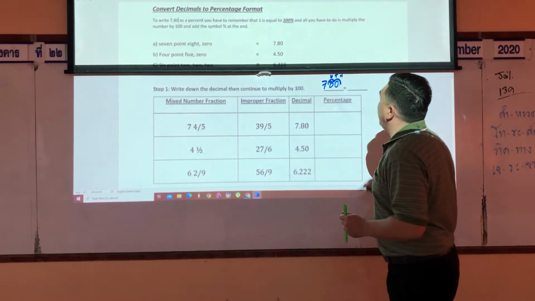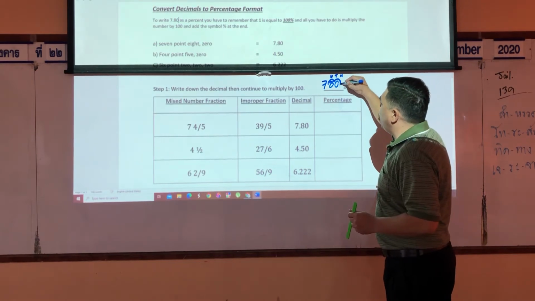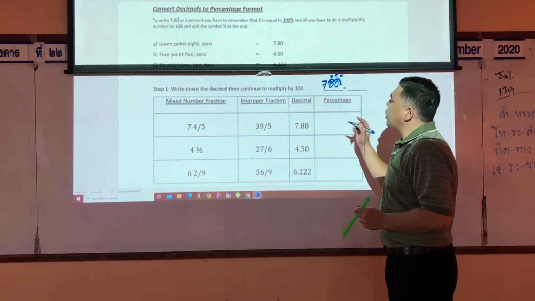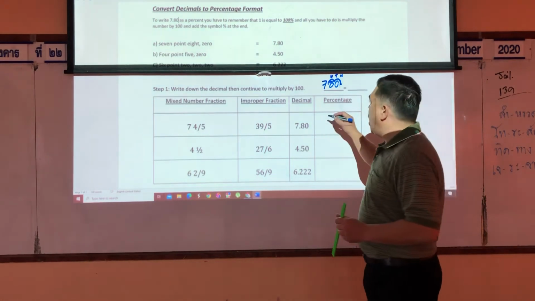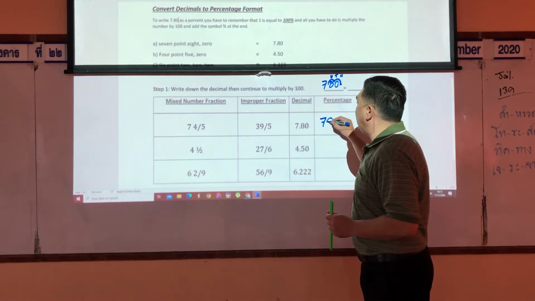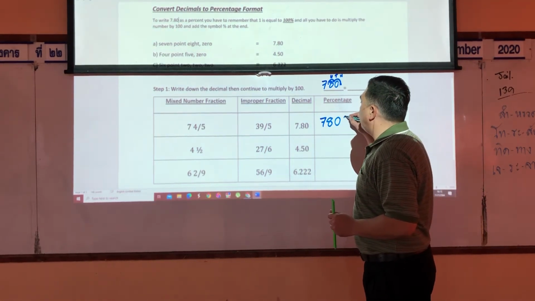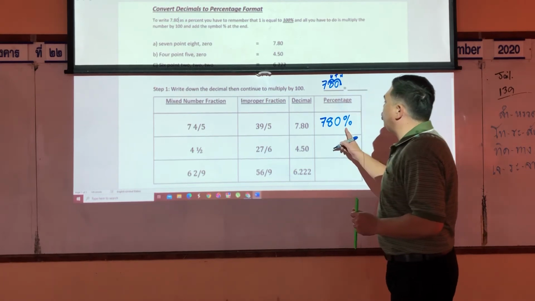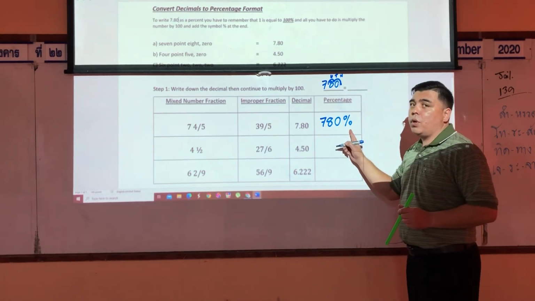That would be where our full stop would be. So now this becomes 780%. Remember, you must write this symbol.